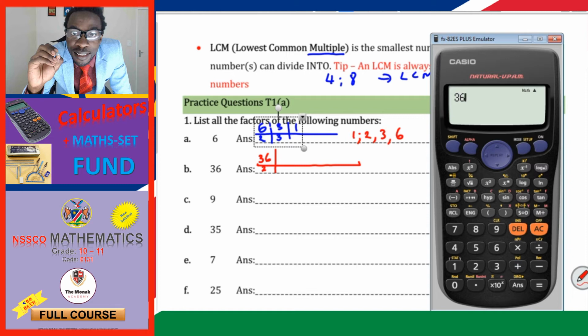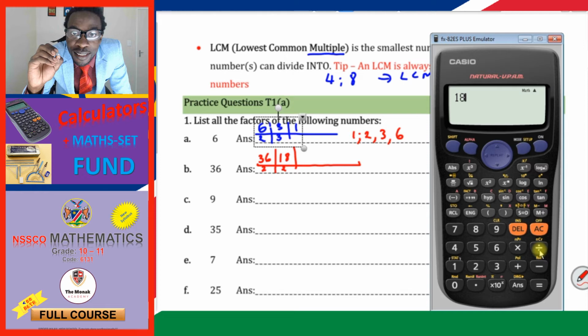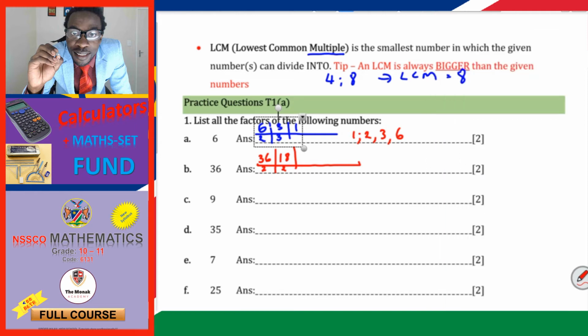So we start with 36 divided by 2. What do we get? 36 divided by 2 is 18. So we get 18. We try 2 again. 18 divided by 2, you get 9.